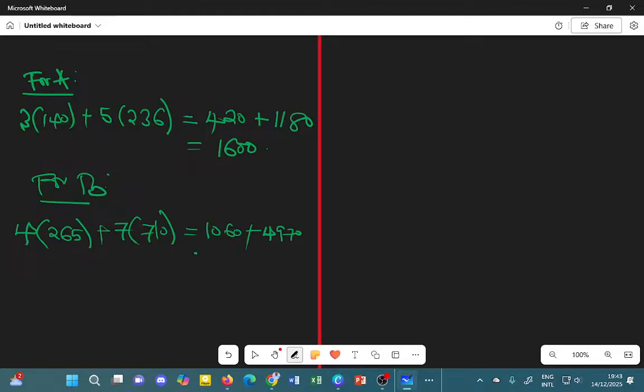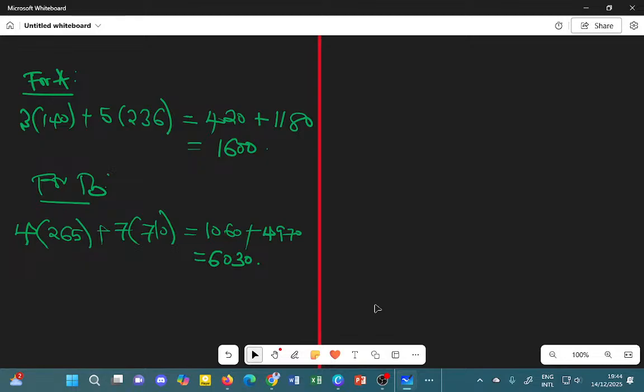So if you add that up, you get 6030. So that is what we have. So per unit variable cost, we have 1600 for product A, and then we have 6030 for product B.